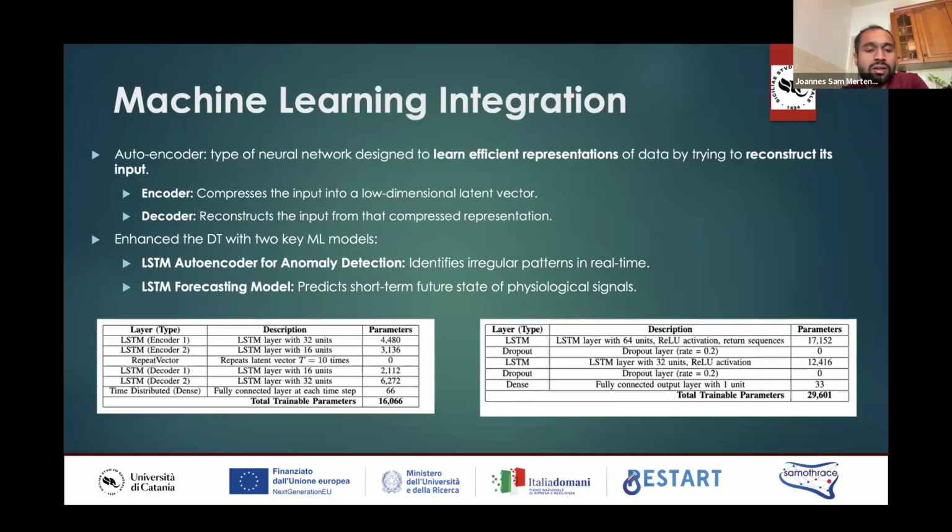So in the next couple of slides, I'm going to show how it works. But basically, it has an encoder and it has a decoder. So it will learn the patterns in your data. Autoencoders are mainly for learning the patterns or the representation of the data.